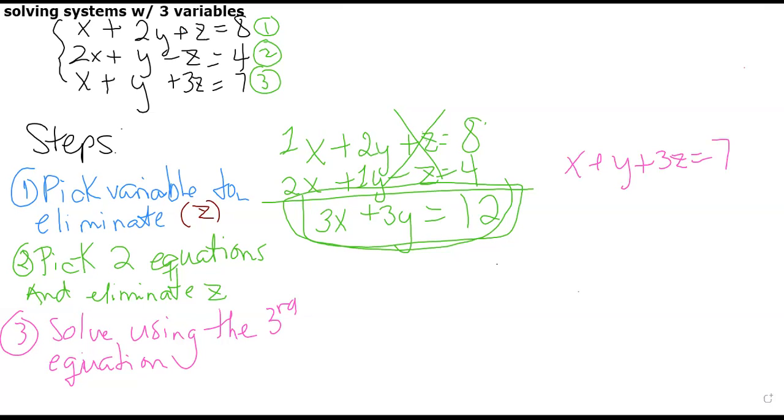Equation 2, yeah, right. Equation 2 still has that negative z, meaning I don't have to multiply anything by a negative. But what will I have to multiply by? Because I need my z's to match. If one is a 3z and the other is just z, what do I need to multiply so that they match up?